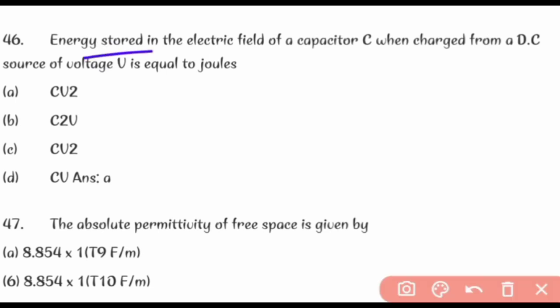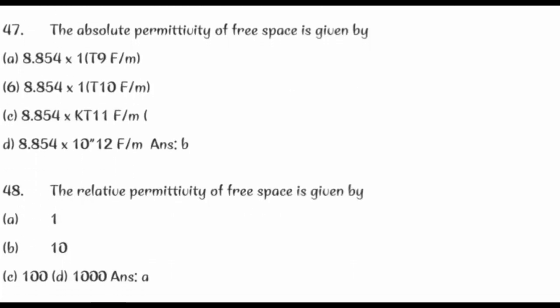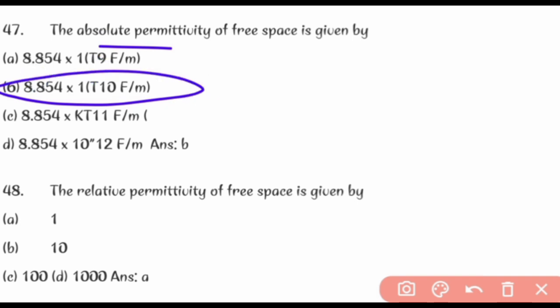Energy stored in the electric field of a capacitor C when charged from a DC source of voltage V is equal to 1/2 CV² joules. The absolute permittivity of free space is given by option B, 8.854 × 10⁻¹² F/m.